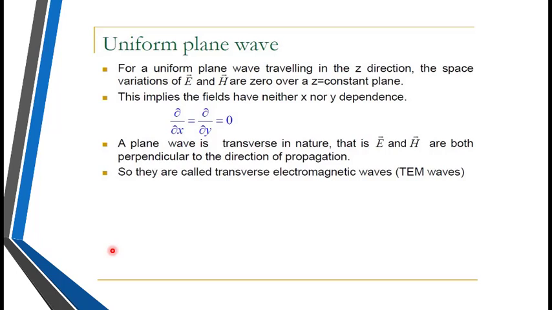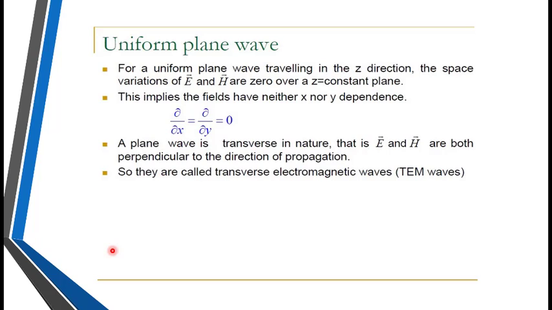So for a uniform plane wave traveling in the z direction, the space variation of E and H is 0. So there is no variation of E in the z direction, no variation of H in the z direction over the z equal to constant plane, right? So it implies that the fields have neither x nor y dependence.